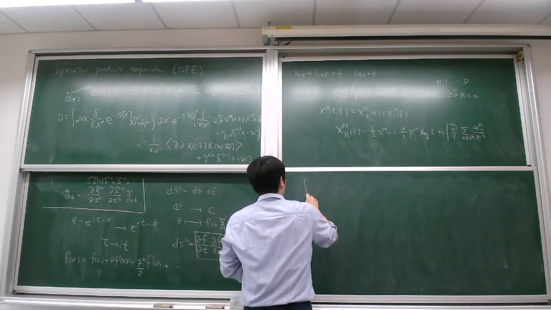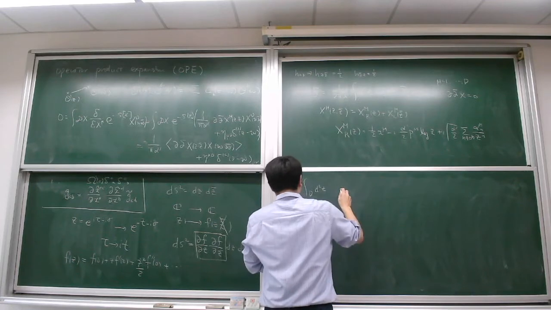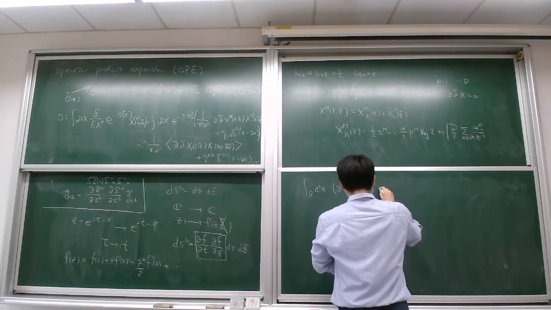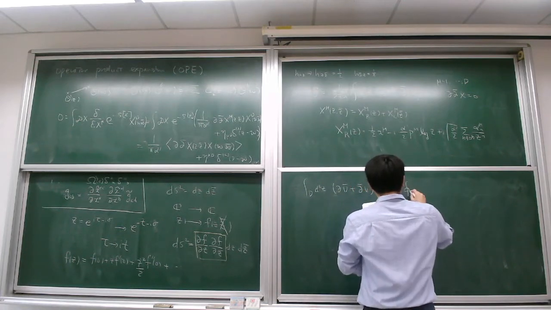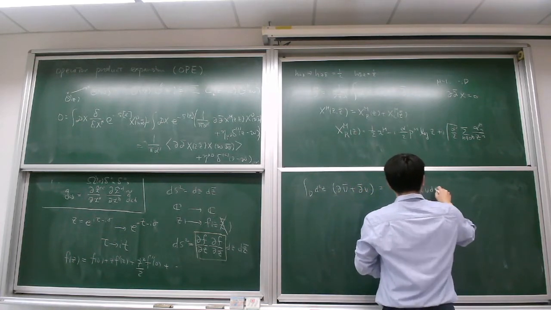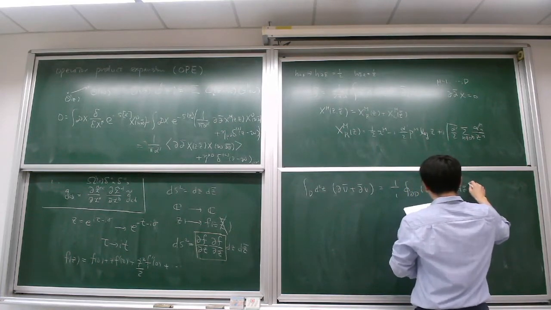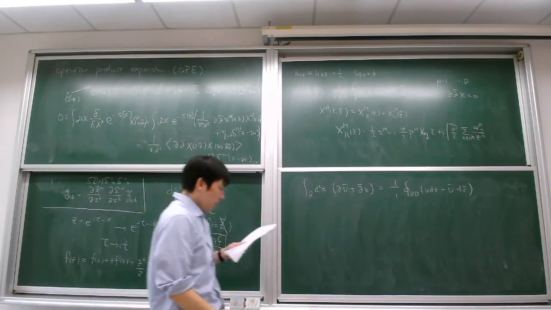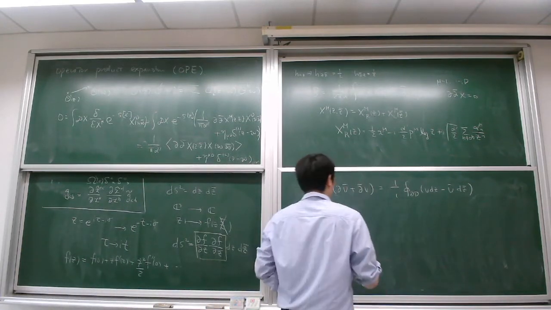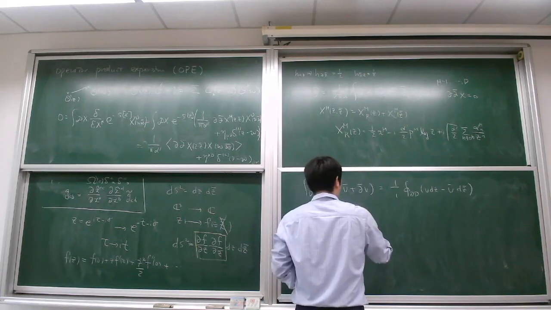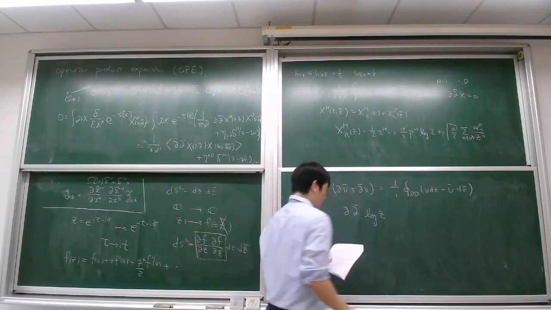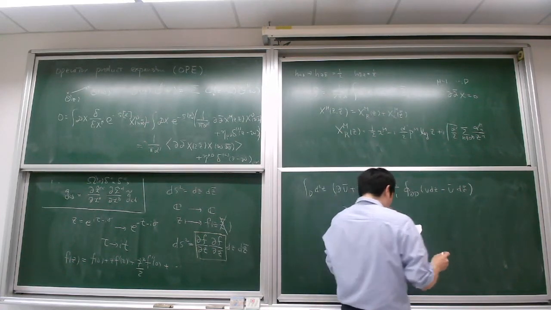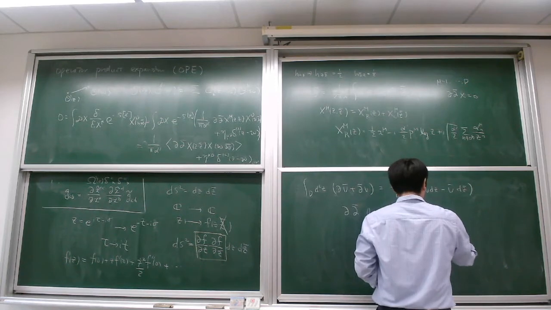As you know, in complex version Stokes' theorem says the integral of (∂b̄ - ∂̄b) is equal to 1 over i times the contour integral of (b dz - b̄ dz̄). So if you apply ∂̄∂ log |z|², this is equal to 2π δ²(z).